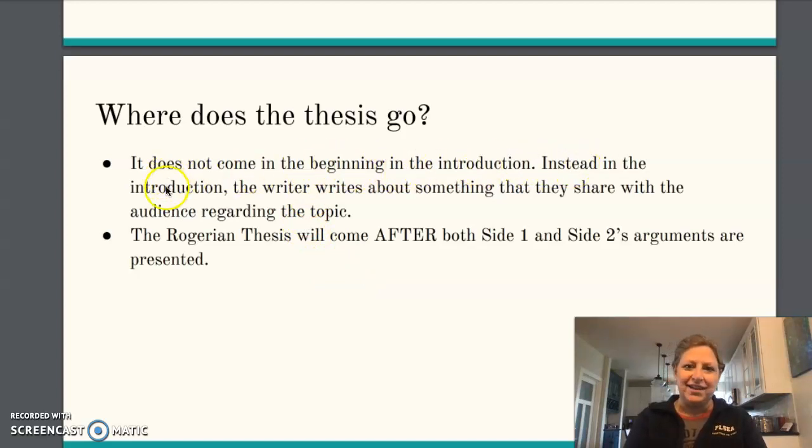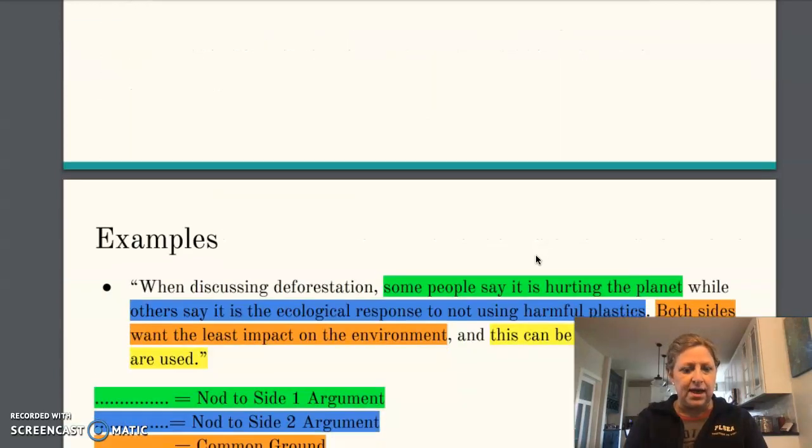Instead, in the introduction, the writer writes about something that they share with the audience regarding the topic. The Rogerian thesis will come after both side 1 and side 2's arguments are presented. So honestly, your thesis statement isn't going to come until probably your 3rd paragraph, which is kind of bizarre, but we're just writing the thesis statement so you have a clue where you might want to go with this.